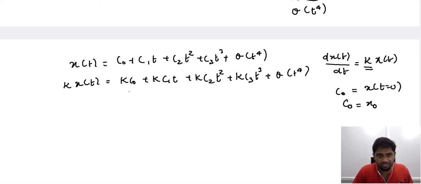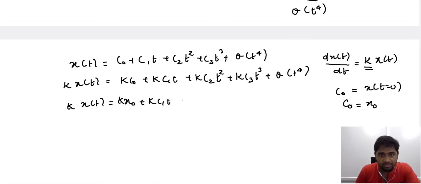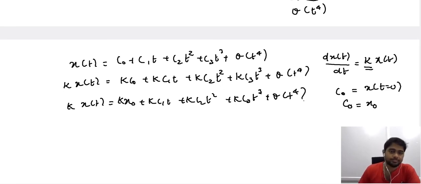So in this expression and also in this expression, C0 is a constant that x assumed when t is equal to 0, which means it's the initial condition. Therefore, k x of t can be written as k x0 plus k C1t plus k C2 t square, and so on.